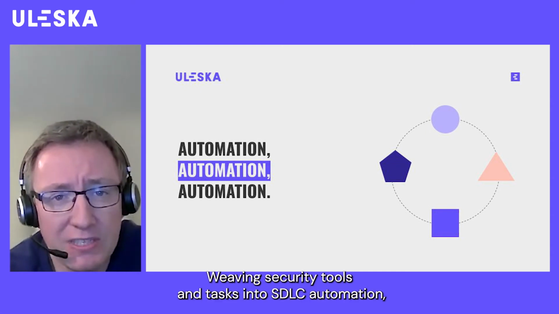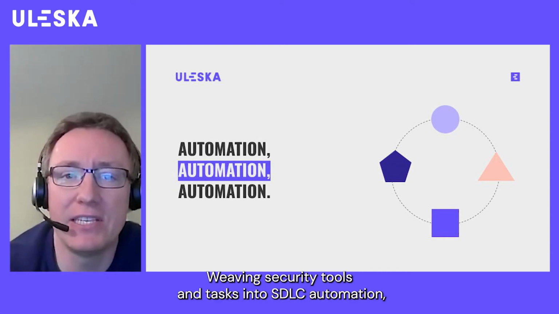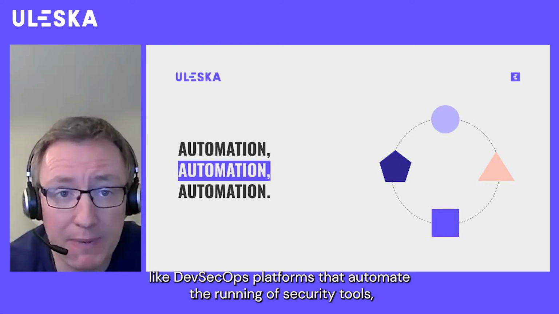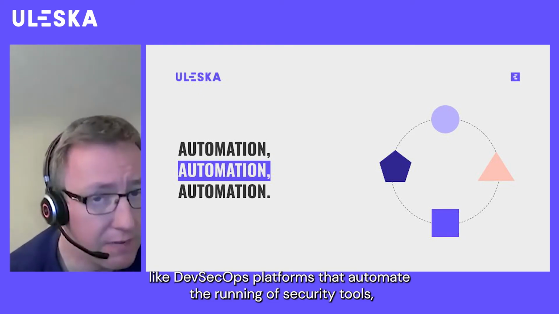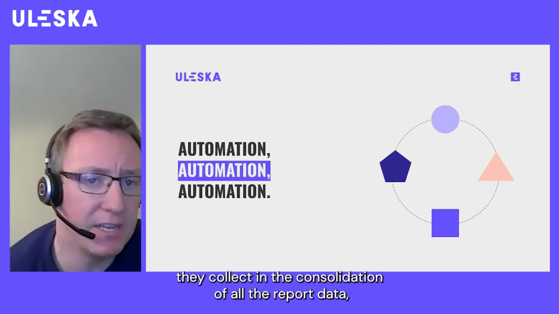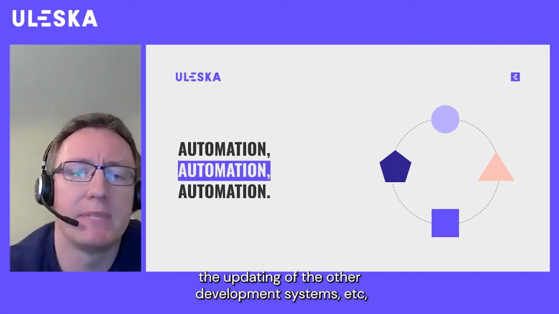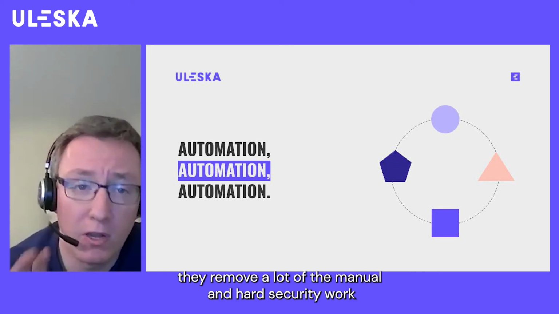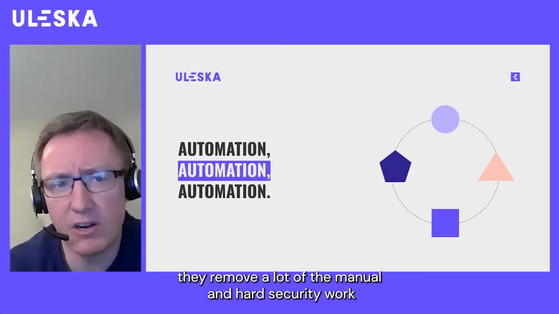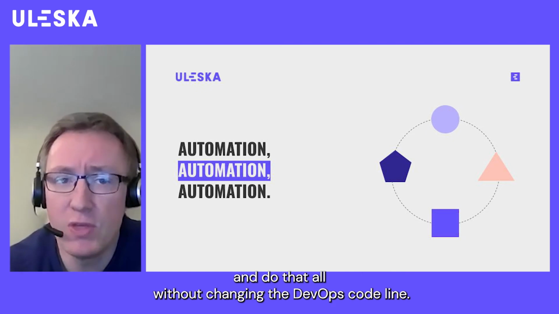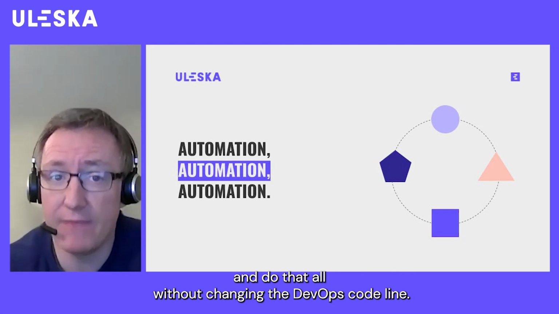Weaving security tools and tasks into SDLC automation, like DevSecOps platforms that automate the running of security tools, the collecting and consolidation of all the report data, the updating of the other development systems, etc. They remove a lot of the manual and hard security work, and do that all without changing the DevOps code line.